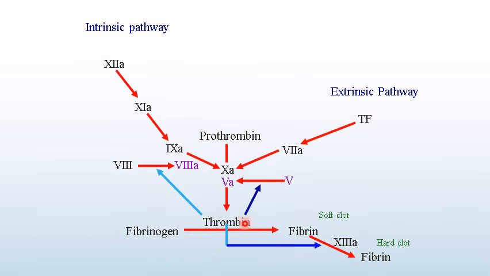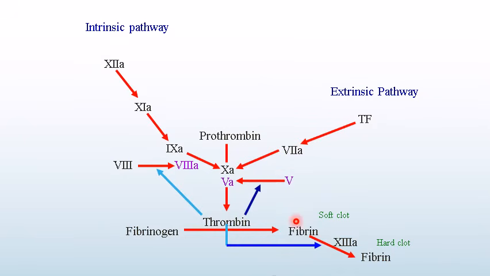That is to say, thrombin is the most important initiator factor in the coagulation cascade, because after its formation, it will activate factor 5, factor 8, and also factors 11 and 9. So augmenting this loop causes positive feedback to the generation of thrombin.